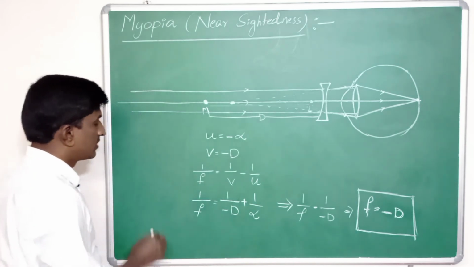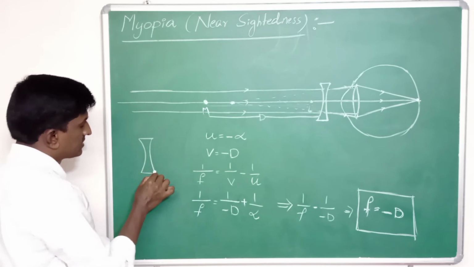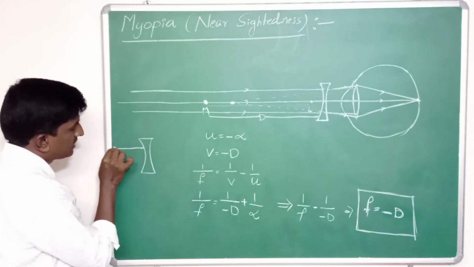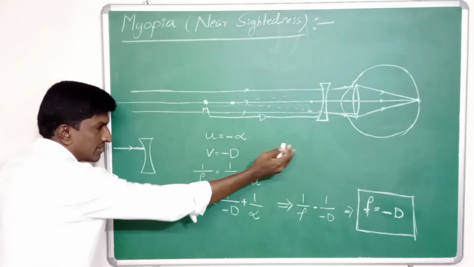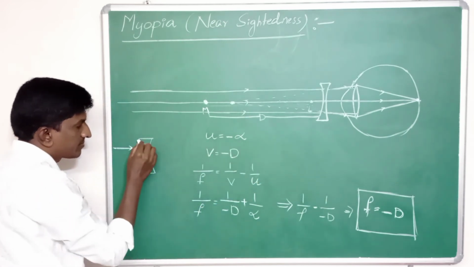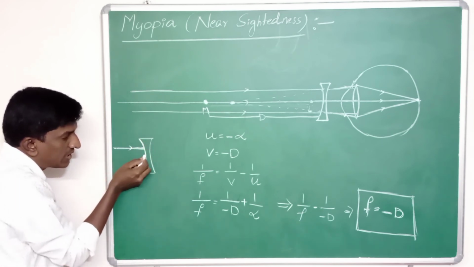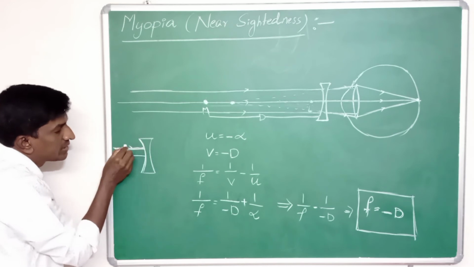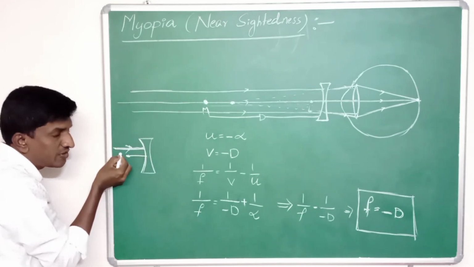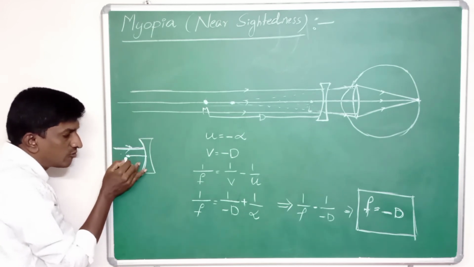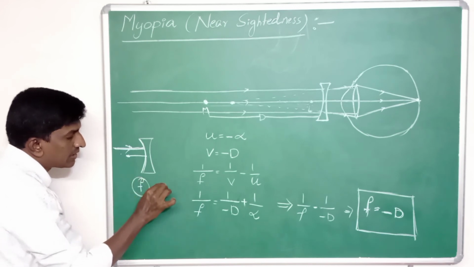Because we know that this is the surface of the concave lens, if the light ray is incident on it, the light ray moves in this direction, and the focal length is on the side opposite to the direction of incidence. In this direction we measure. That's why a concave lens always has its focal length negative.